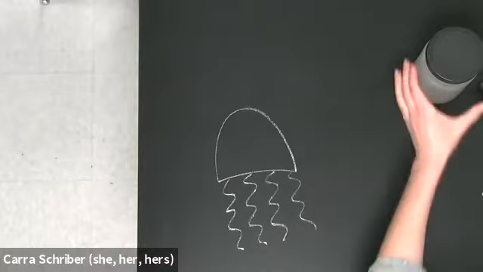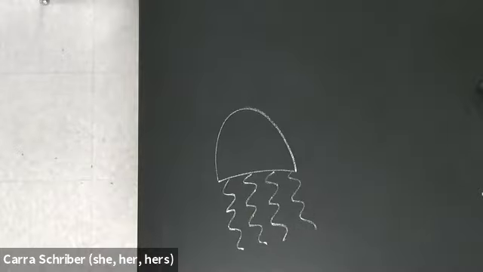So there's another form in the cnidarian life cycle, and that's going to be our polyp form. And one of the ones that we can look at for that is a hydra.